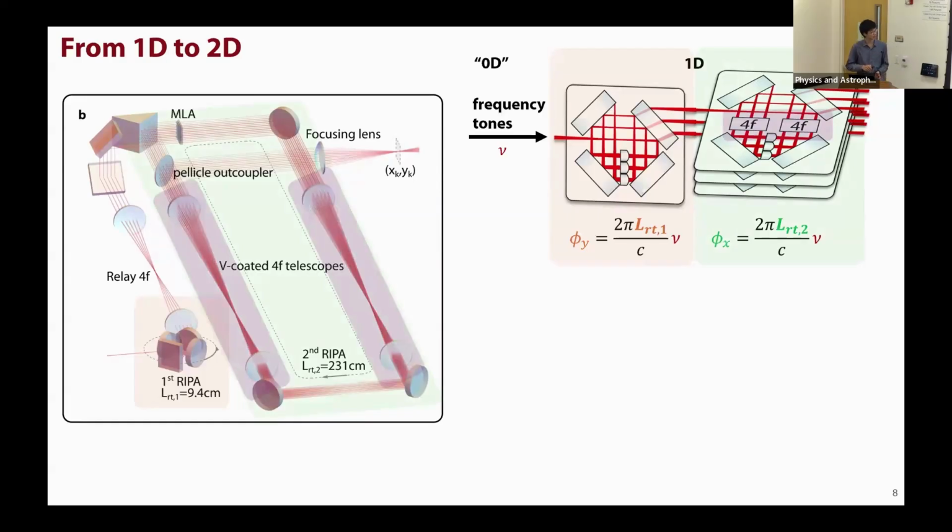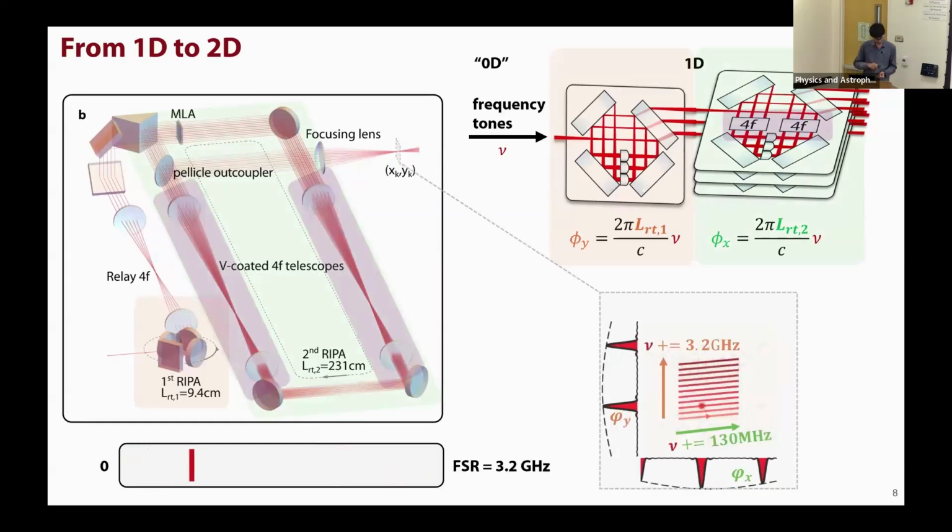Consequently, if we scan the laser frequency, the interference pattern will move much faster in the horizontal direction than in the vertical direction, basically because the second RIPA, which expands the horizontal direction, has much more frequency dispersion compared to the vertical direction. So the frequency spectrum within 3.2 gigahertz is thus mapped onto the image plane row by row.